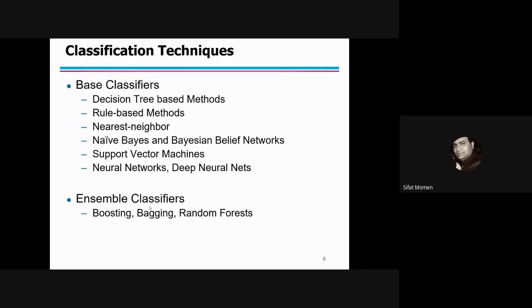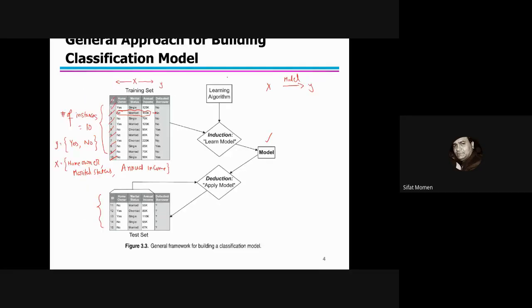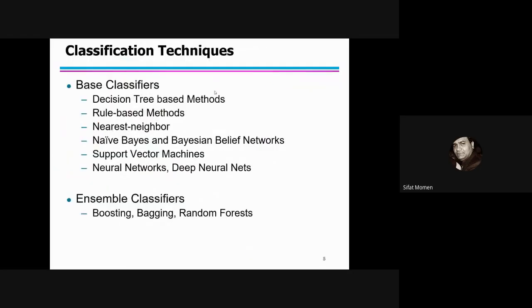Now, it turns out that there are different learning algorithms. In fact, you can build your own learning algorithm. But before we build our own, let's learn some existing learning algorithms. Some of the basic classifiers that you would see include the decision tree learning algorithm.